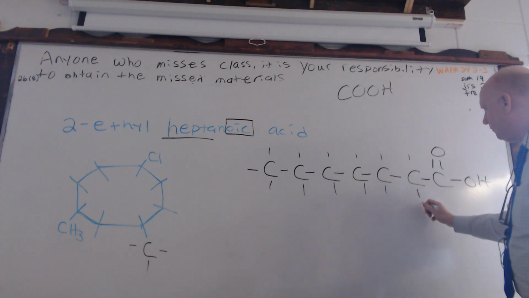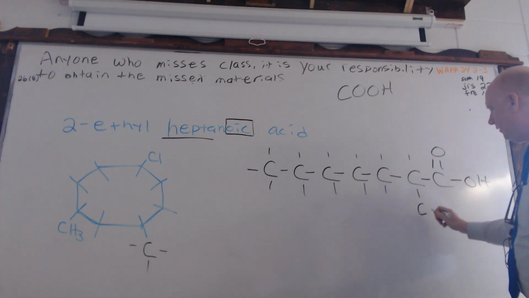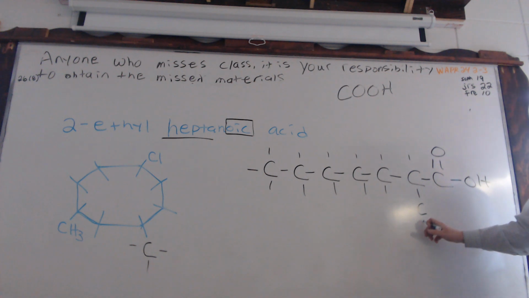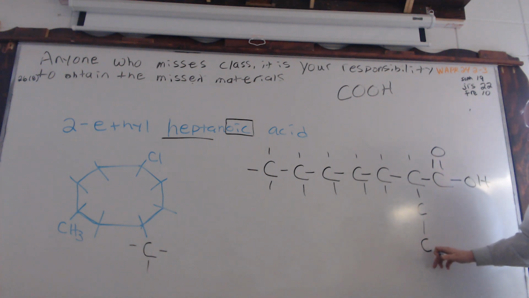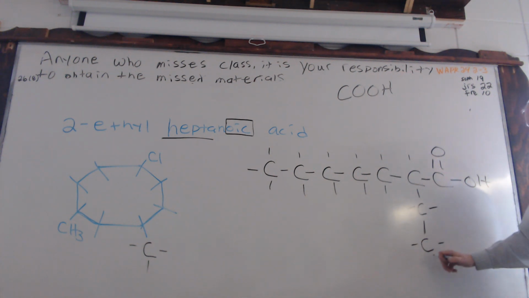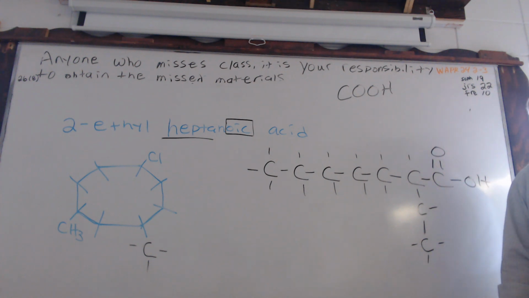And how many carbons would that be? Okay, so here's our 2 carbons. So how many hydrogens do we need for that? Why can't we do C2H6? Yeah, that would be ethane.